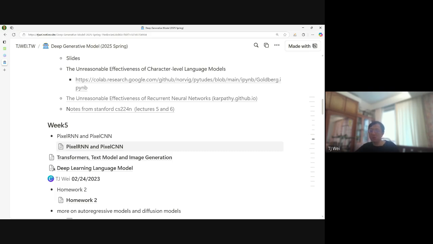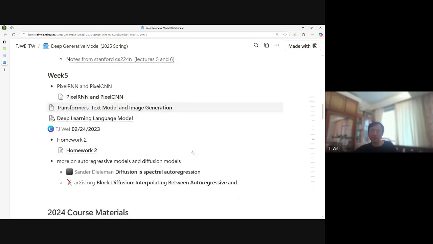Even in modern language models, we're still using the gated things in the MLP part. That is quite a useful thing.